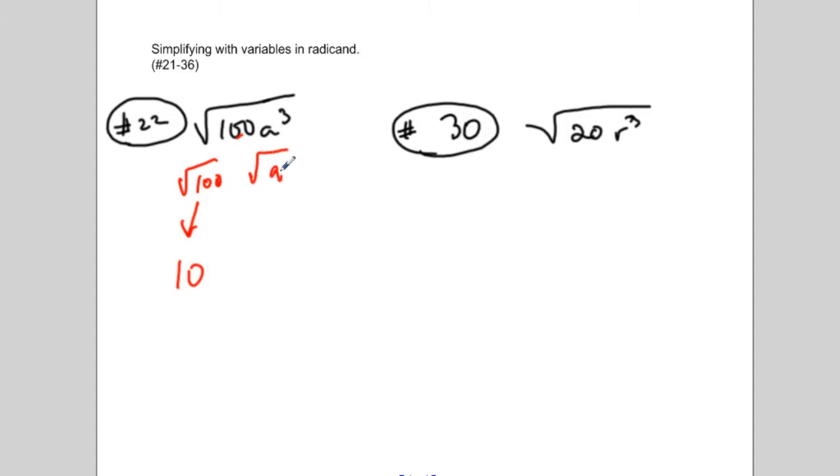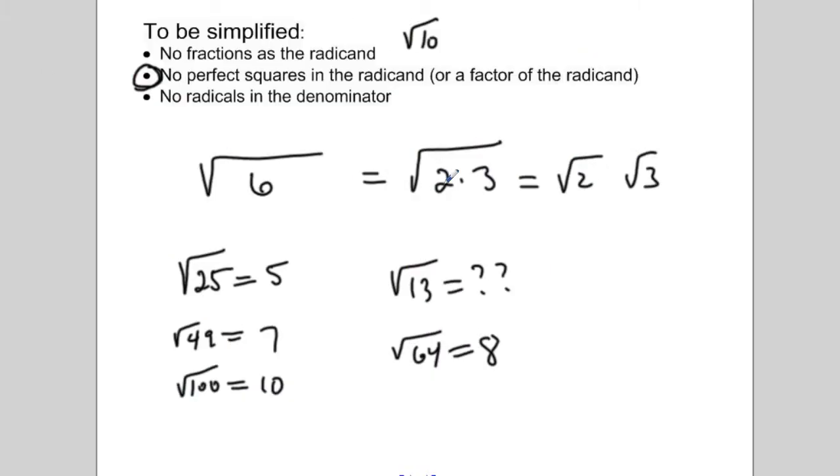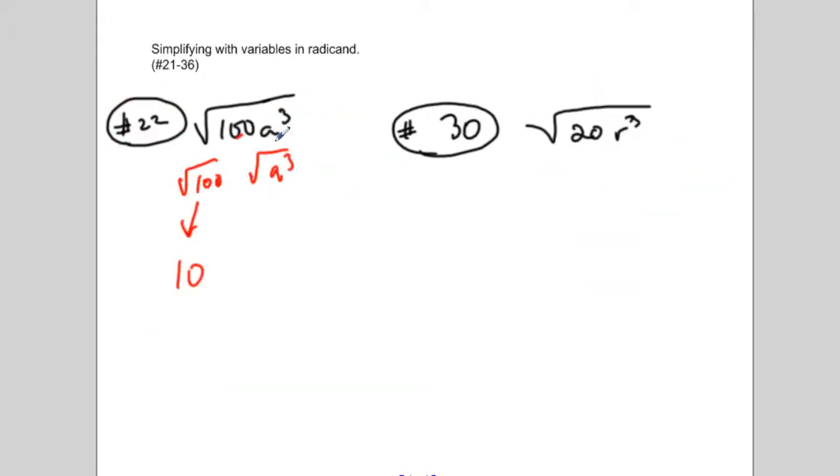I'm going to break this up into two different things. This is a multiply. This is that very first rule I showed you, that when you have multiplication, you can break it up and so each part of that has a square root. So this is all multiplication, 100 times a to the third, each part of that will have a square root. Now as I was saying, every time you have two of the same thing, it makes a regular letter, variable, or number without a square root.